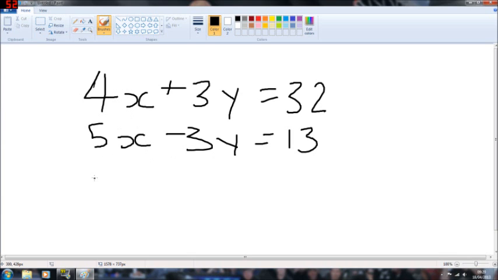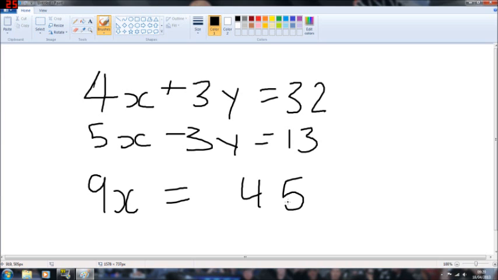4x plus 5x equals 9x, plus 3y plus minus 3y will make 0y. Hopefully that makes sense. If that doesn't make sense, check out another video on how to add and subtract different types of numbers, and it'll make sense really quickly. 32 plus 13 equals 45.